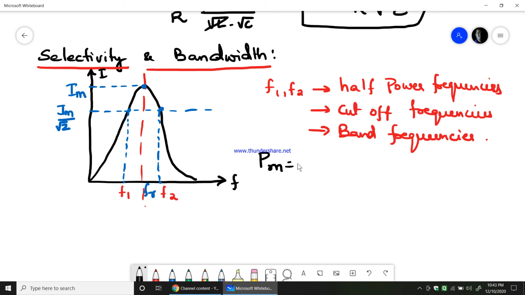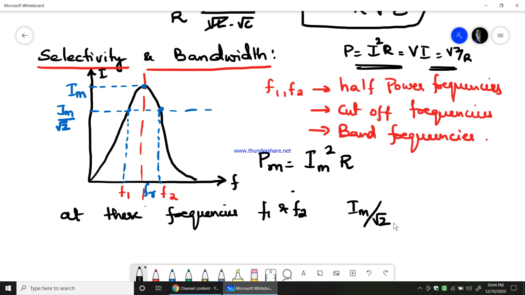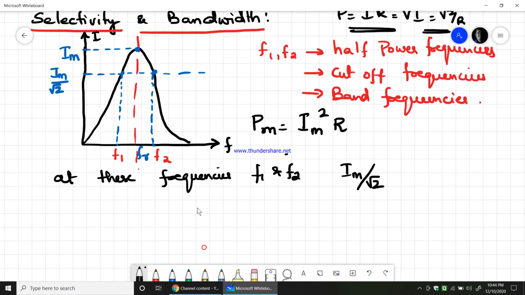We know that P equals I square into R. So the power at that maximum peak would be Im square into R. Normally power is calculated by I square into R, V into I, or V square by R. So Pm equals Im square R. At frequencies F1 and F2, the current is Im by root 2.